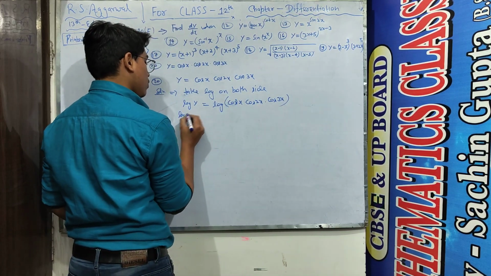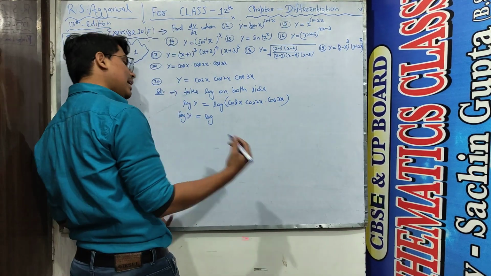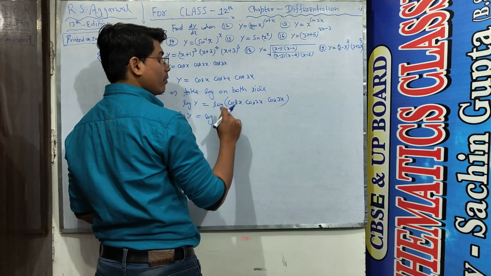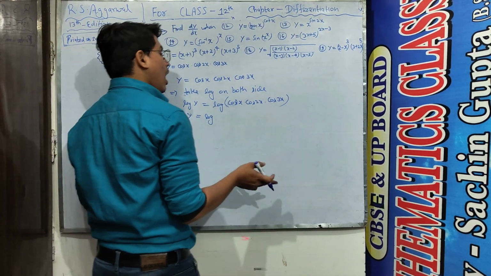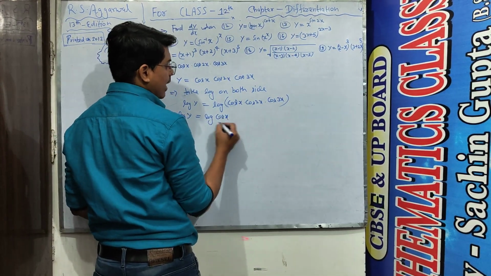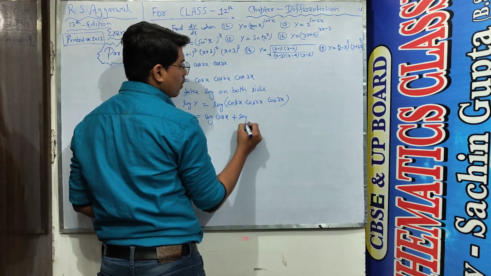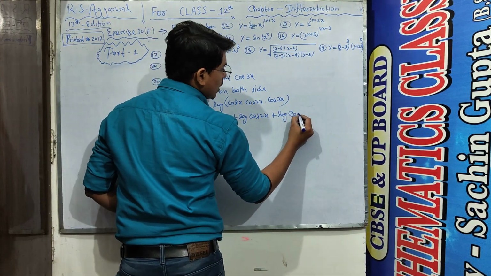As student I know, whenever some terms occur in multiplication, then we give logs separately to each term and write all terms in addition. So I write it as log cos x plus log cos 2x plus log cos 3x student.